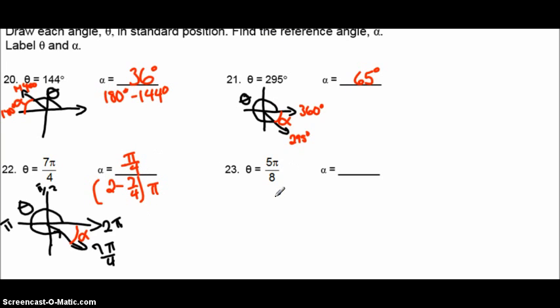Okay, 5 pi over 8. Alright, let's see, we start here. This would be 4 pi over 8, so 5 pi over 8 is going to be just a little bit more. That's our theta. Our alpha is going to be the distance to the x-axis, and that's where pi is located.